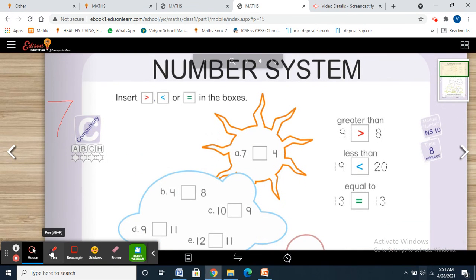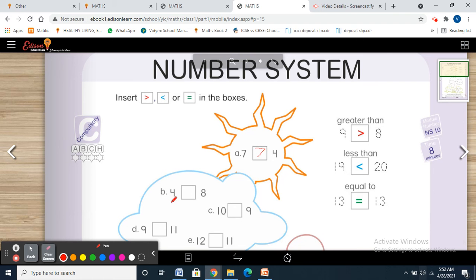Let's complete our work. So 7 and 4. Which is more, 7 or 4? 7. So you're going to put the sign towards the 7. I'm showing you here with a big sign, but you have to make it in the block so that it will look neat and clean.